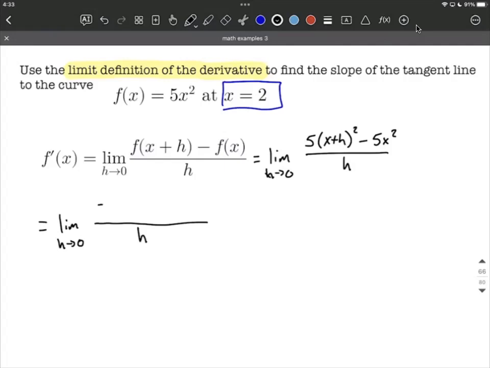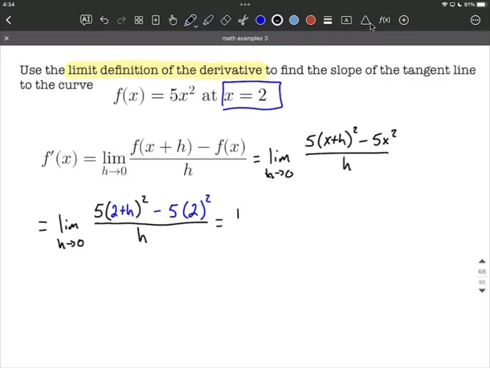That's a problem. Next, that's 5 times, instead of x plus h, it's going to be 2 plus h. On the inside here, we've replaced the x with a 2, minus 5 times, instead of x being squared, it's going to be 2 being squared. Again, replace the x with a 2.